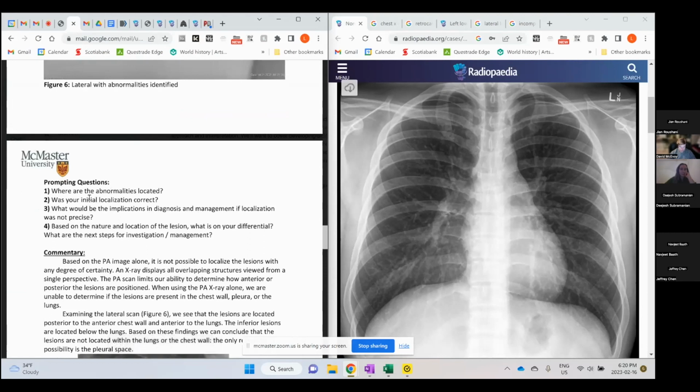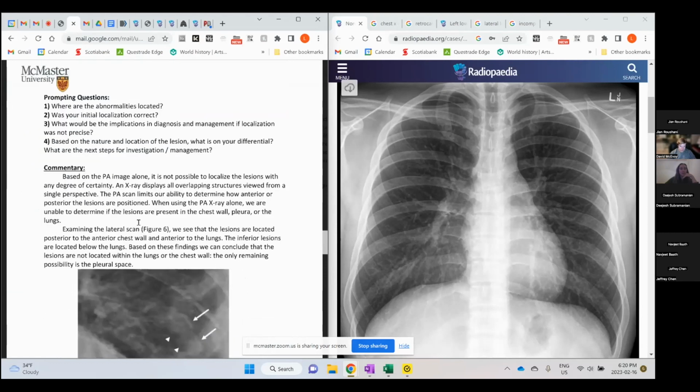So, yep, pleura localization. I don't remember if you mentioned it, David, that they were pleural, but anyways, we figured it out with the lateral.